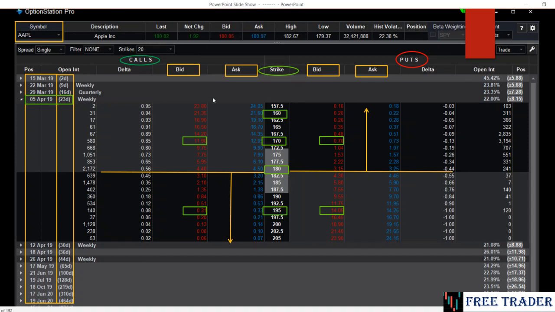Now, this is the call option side on the left, and this is the put on the right side. When we look at this, if you buy at this yellow line, as I said, this is at the money. But anything you buy above this is in the money, right? Anything you buy in this gray area, you are in the money already.